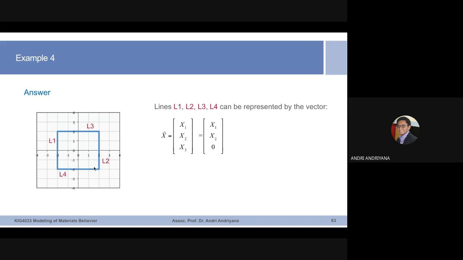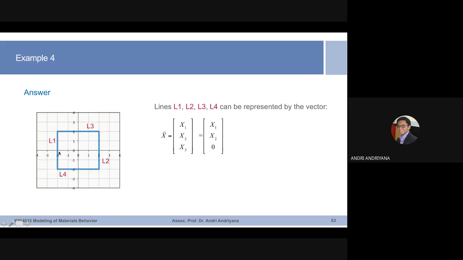All 4 lines, L1, L2, L3, and L4, we can represent by a general vector in the form of large X. Why large X? Because this is the initial state before the deformation. This is the notation used. So it is a vector with components x1, x2, x3, noting that we are dealing with the plane where the perpendicular axis is 0.